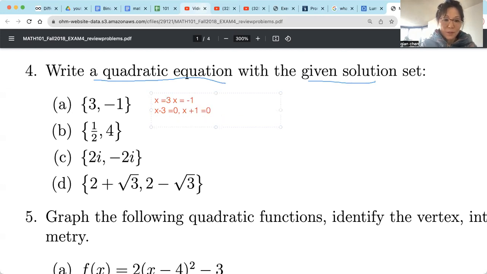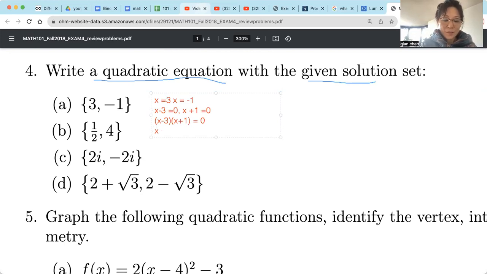Right? How did I get this? If I solve the equation by the zero property, we could think 0 times 0 would be 0. That means x minus 3 times x plus 1 equals 0 times 0, which is 0.